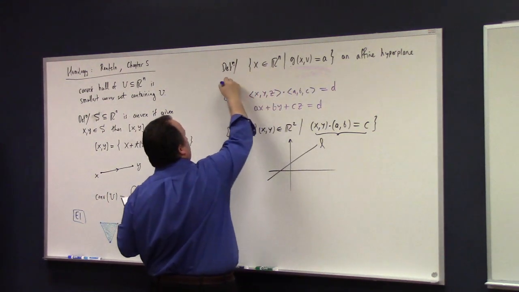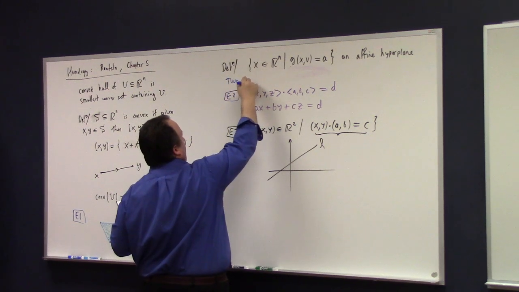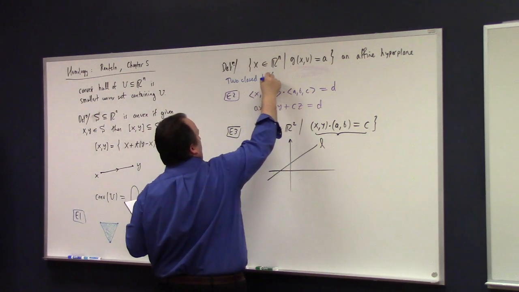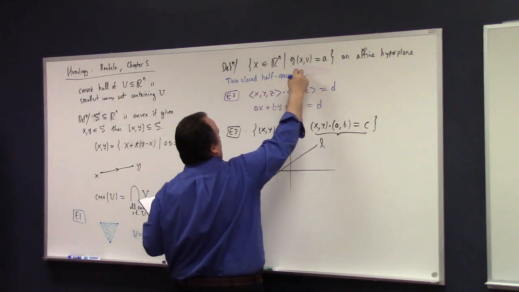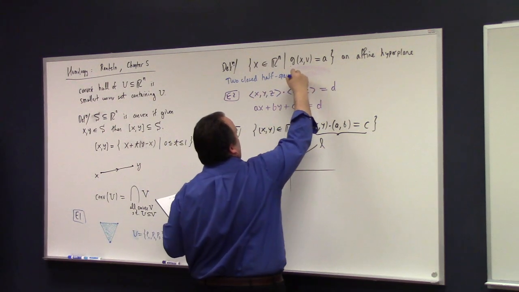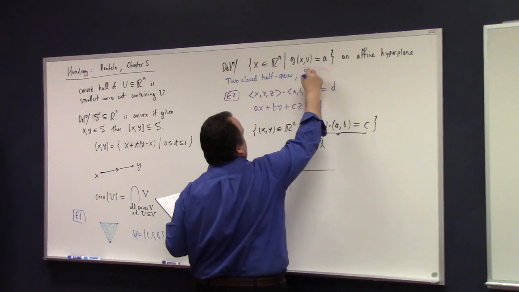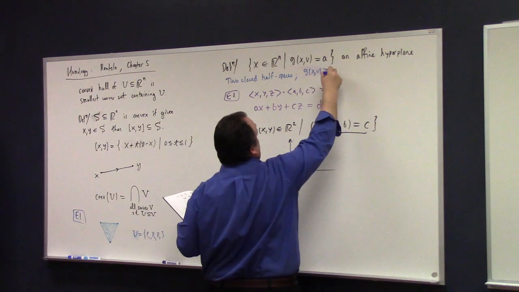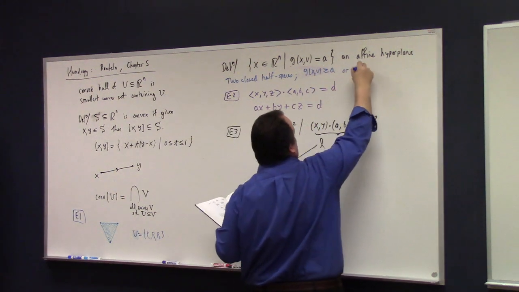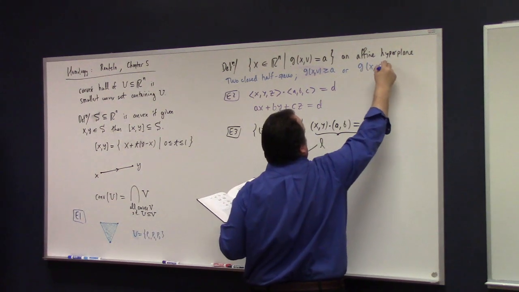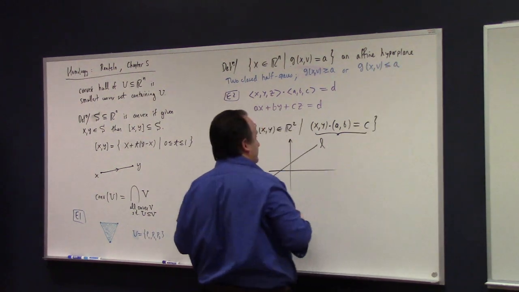What are they? You could have the one with g(x, v) greater than or equal to a, or you could have g(x, v) less than or equal to a.